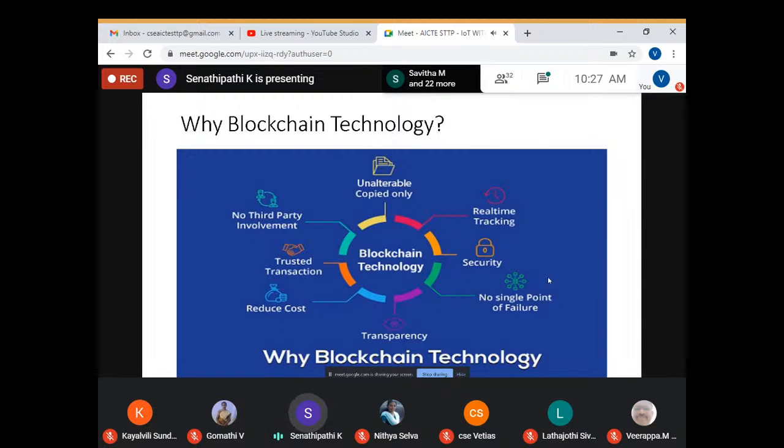So why blockchain technology, and why do we need to get into this blockchain technology? These are the advantages, right? It is reliable and unchangeable or unalterable, because every block has a hash value.